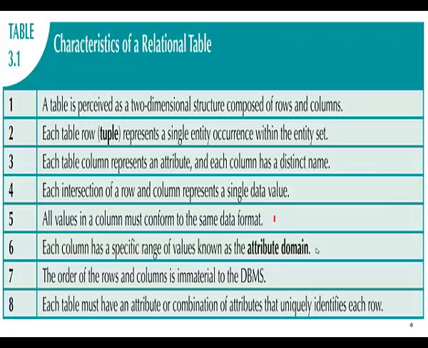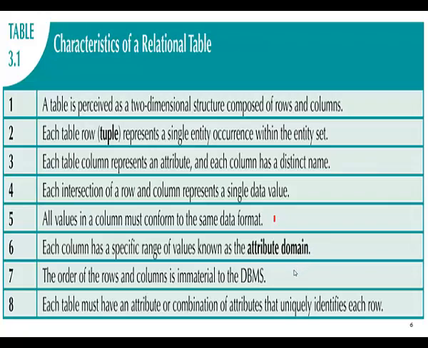So if we had a state code attribute, it would have a format of 2 characters, a 2-byte string, and then the attribute domain is the range of 2-character state codes. The order of the columns doesn't matter to the DBMS.